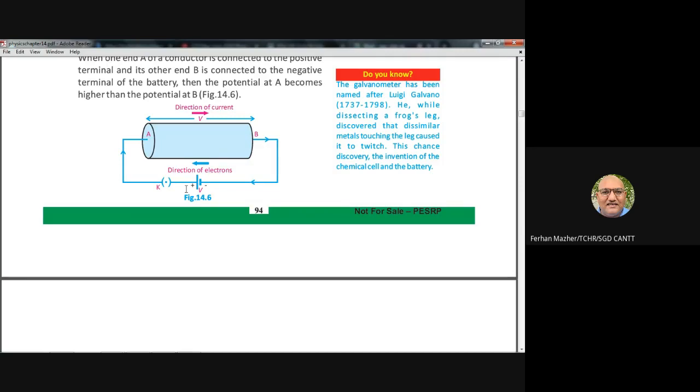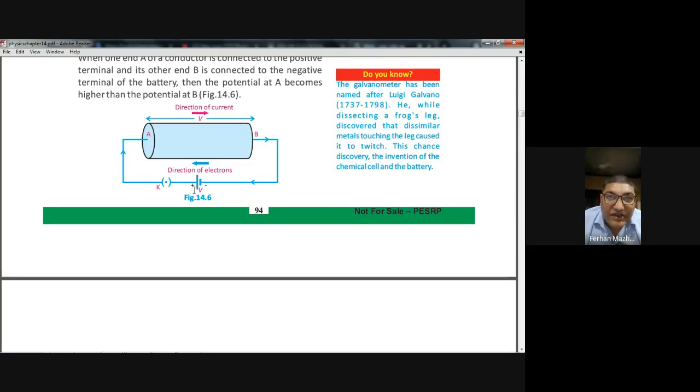Automatically it will go to the point where its potential energy will become less. As in the gravitational field, the objects move from a point where the gravitational potential energy is higher to the point where it is lower. That's nature. Same way, the charges in the electric field behave. The charges always move from where they have higher potential to the points where they have lower potential.